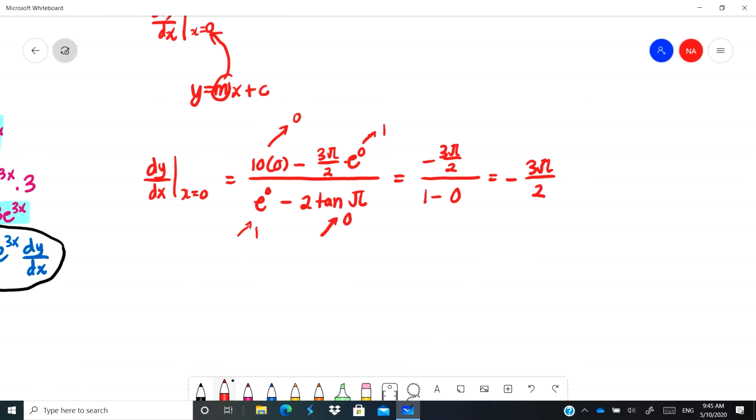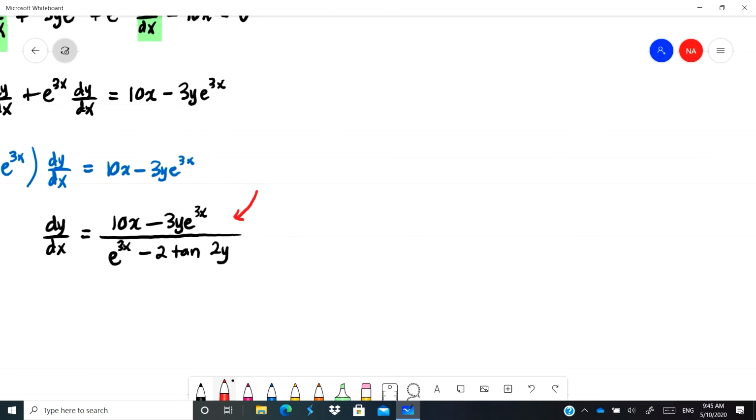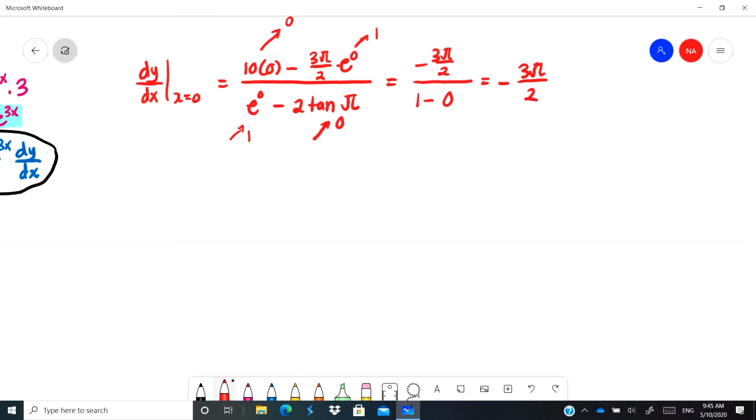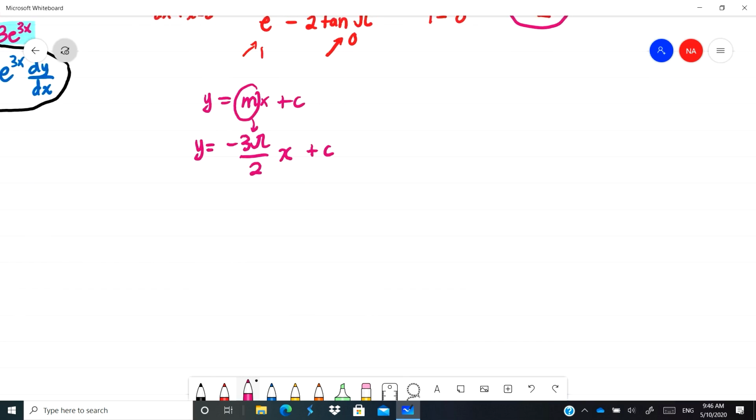This is the gradient of the curve at x equal to 0. So we already have the value of m there. I'm going to substitute the value of m with negative 3 pi over 2, so we'll have y equal to negative 3 pi over 2 x plus c. Now we're going to find the value of c.